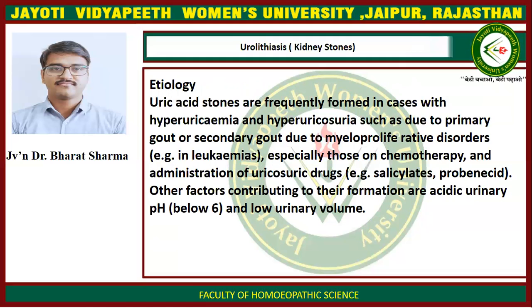Etiology: uric acid stones are frequently formed in cases with hyperuricemia and hyperuricosuria, such as due to primary gout or secondary gout due to myeloproliferative disorders, that is, leukemias, especially those on chemotherapy, and administration of uricosuric drugs, that is, salicylate. Other factors contributing to their formation are acid urinary pH below 6 and low urinary volume.